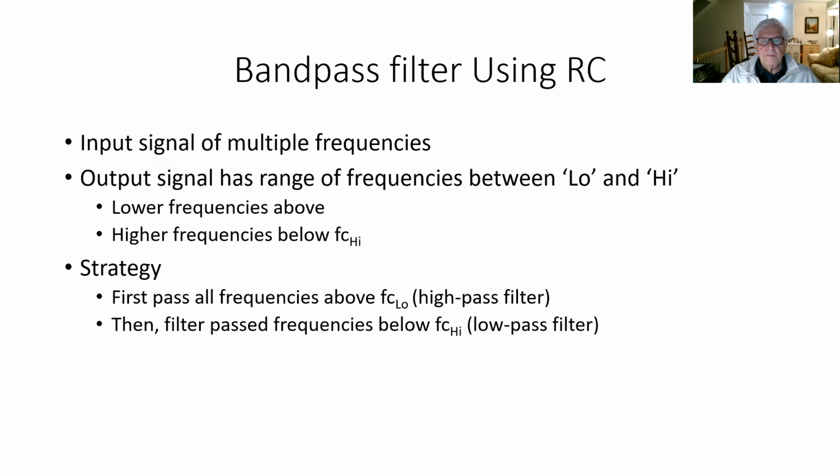So how do we do a bandpass filtering using an RC? Well, we have an input signal of multiple frequencies, okay? So we want the output signal to also have a range of frequency between low and high. So we want the lower frequencies above and the higher frequencies below FC.